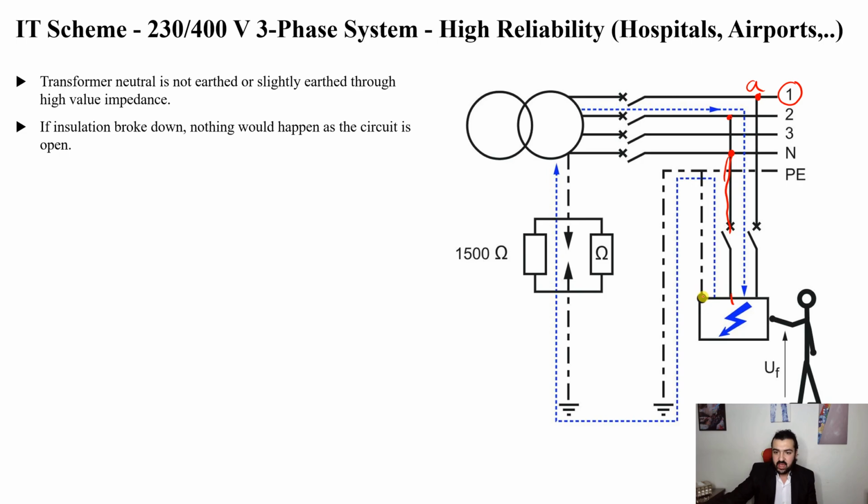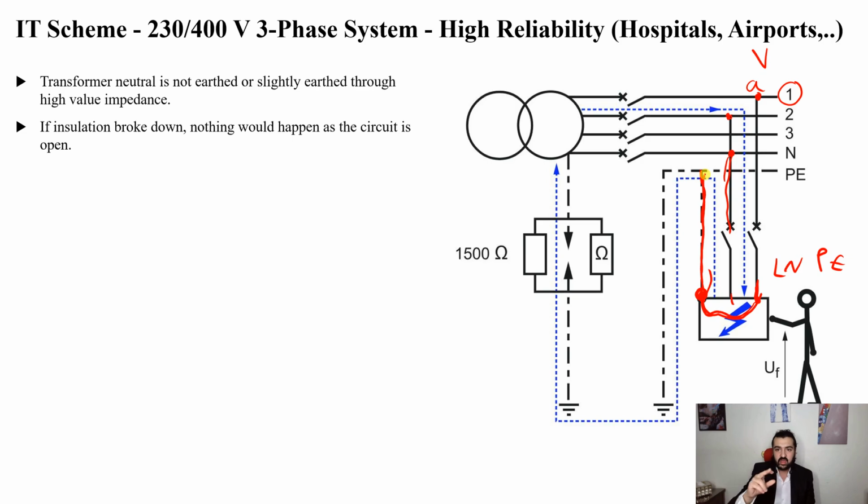Now this equipment has protective earth connected to its enclosure, as you can see here. So it has line, neutral, and protective earth. Anyway, if there is an insulation breakdown in phase number 1, what will happen? It will touch the enclosure, which is connected to protective earth. So voltage will be on the enclosure.